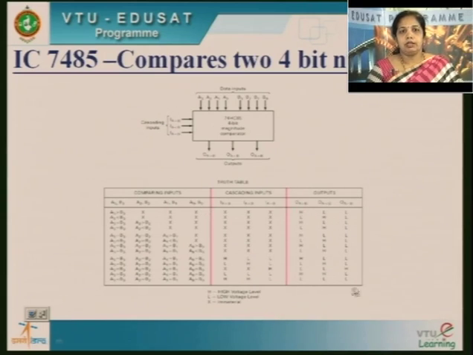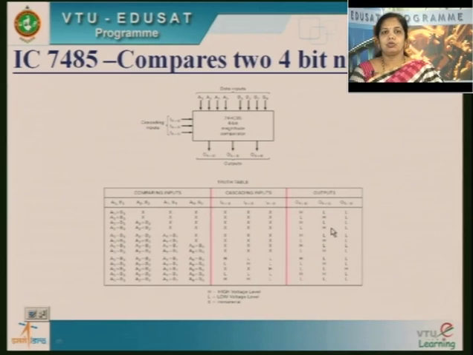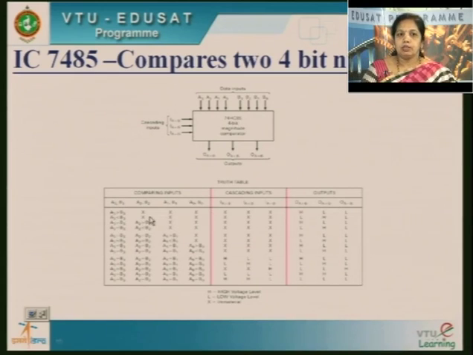This is a typical example where they have chosen 4-bit numbers. No matter what the bits are, we are first checking the higher order bit. If the higher order bit is greater than the corresponding bit, my output will be greater.